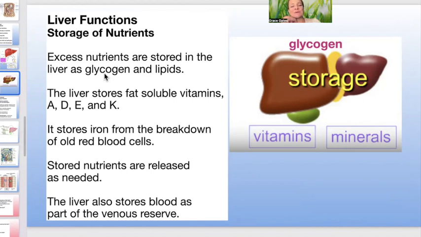Excess nutrients are stored in the liver as glycogen and lipids. Glycogen is a storage form of glucose. The liver stores fat-soluble vitamins, which are vitamin A, D, E, and K. It stores iron from the breakdown of old red blood cells that it is doing. It can store the nutrients as needed.